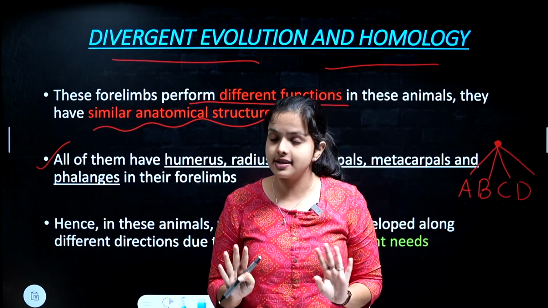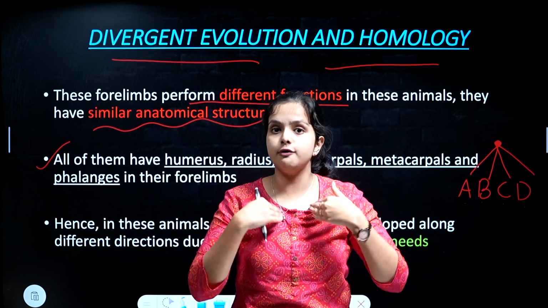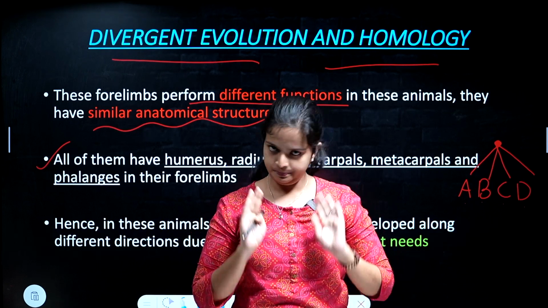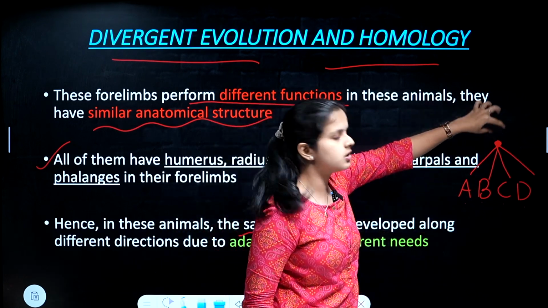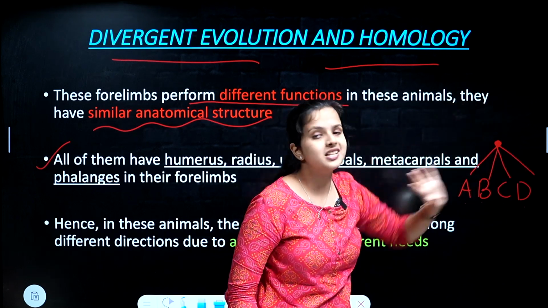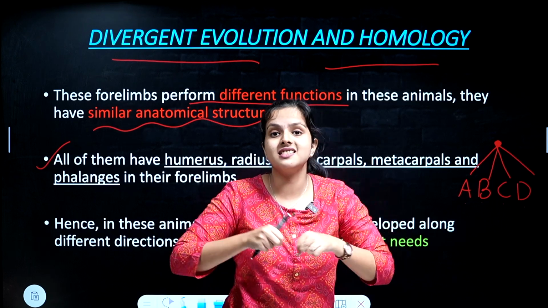Our structures are the same, but we diverged into four new organisms because of our environmental differences, or because of our adaptations, or the habitat that we are living in, or because of our requirements. So the evolution happened from a single point to different ways. So this is diverging evolution. What is this? This is diverging evolution.